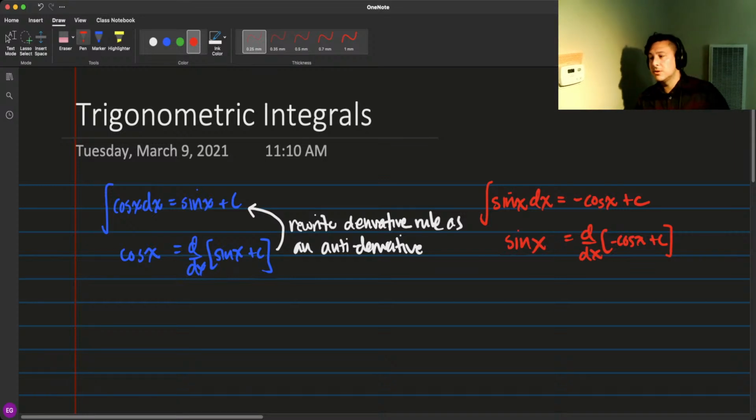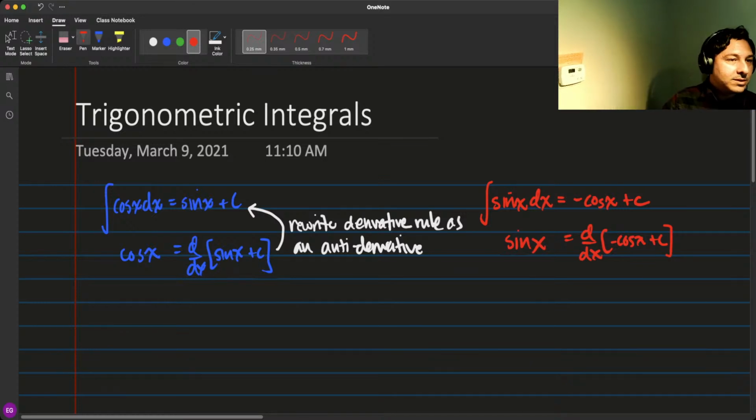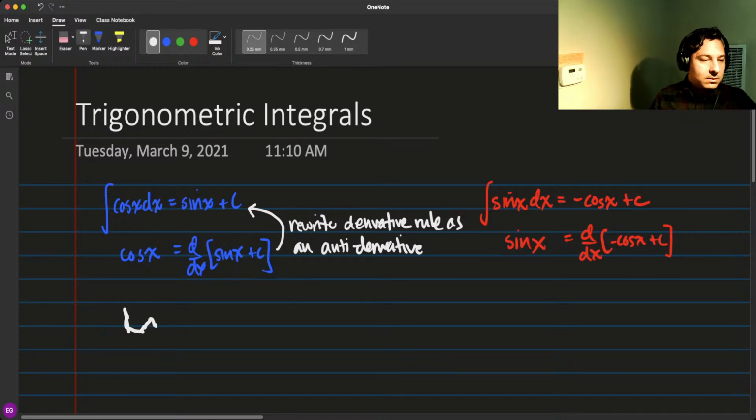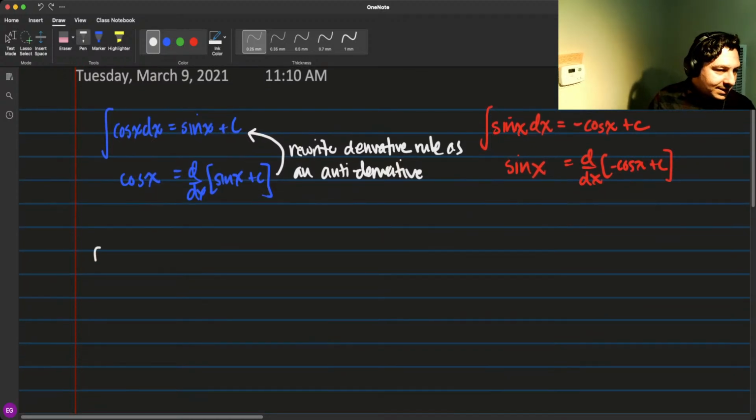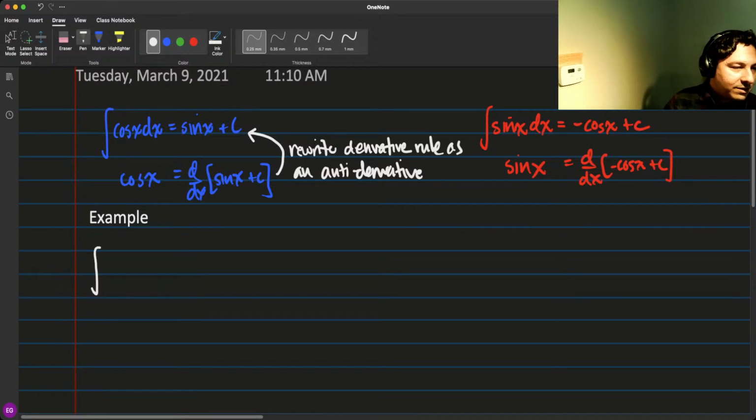Now it gets more difficult when you start adding extra stuff to this. As an example, let's say you're looking for the antiderivative of cosine cubed times sine.